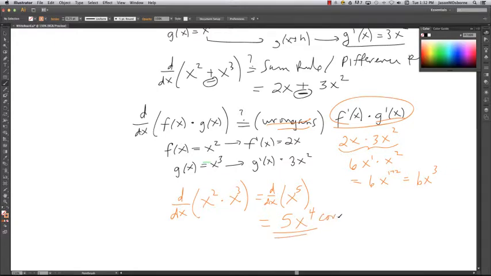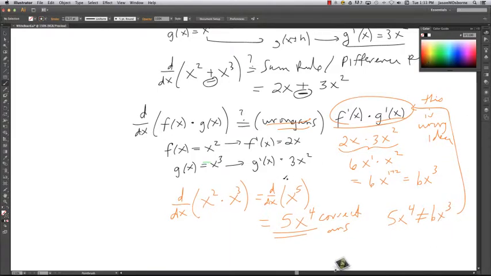So this is the correct answer, and 5x to the 4th does not equal 6x cubed. So that says that this is the wrong idea. So what is the correct idea?